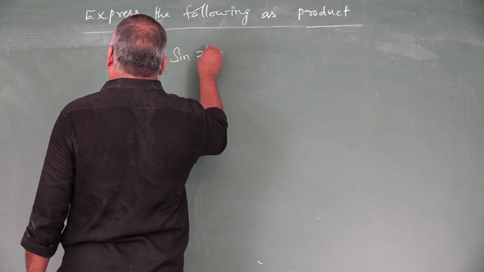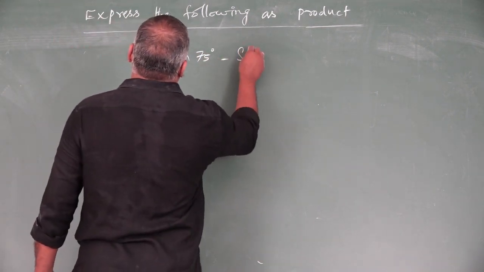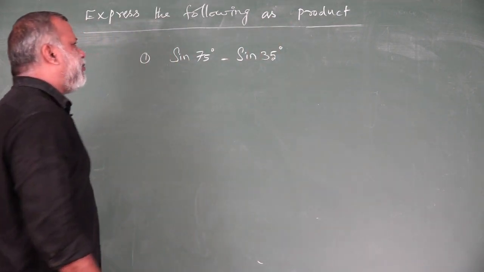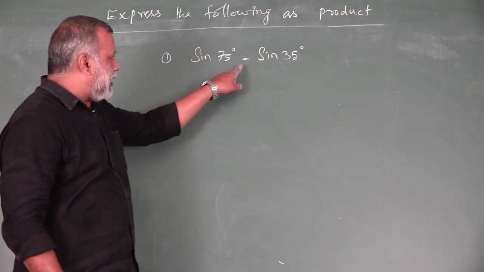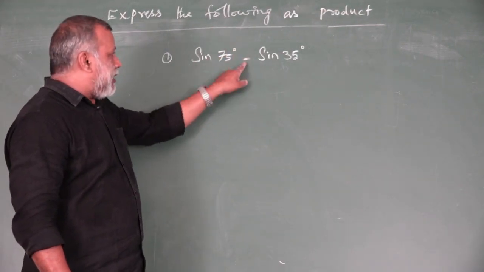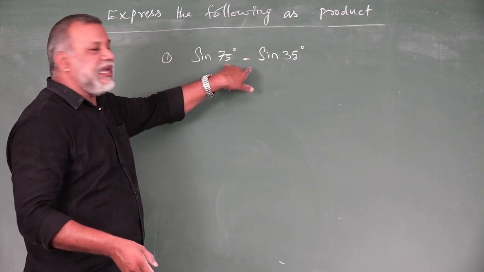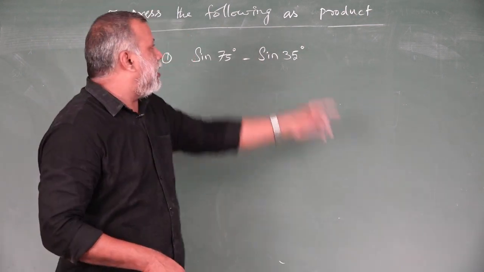Sin 75 minus sin 35. This is the given question. See here, difference. So either it may be an addition or a subtraction. Therefore the given data is either sum or the difference. The resultant must be product.